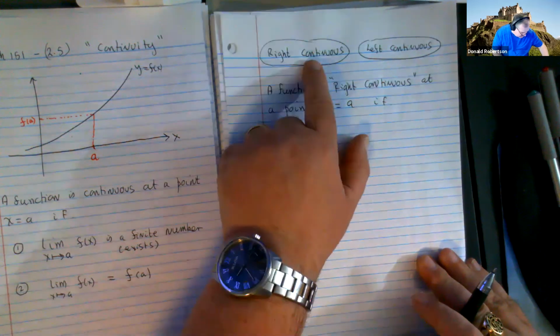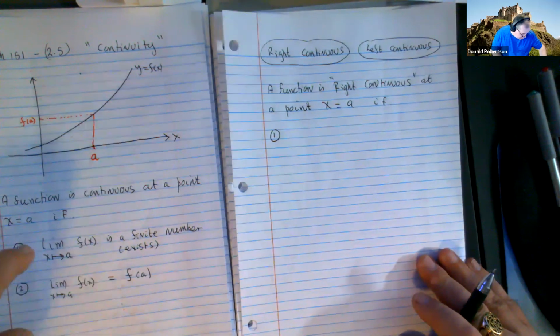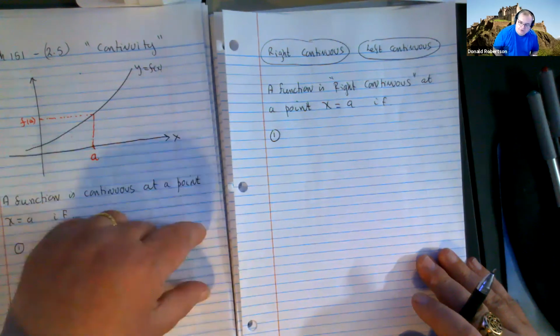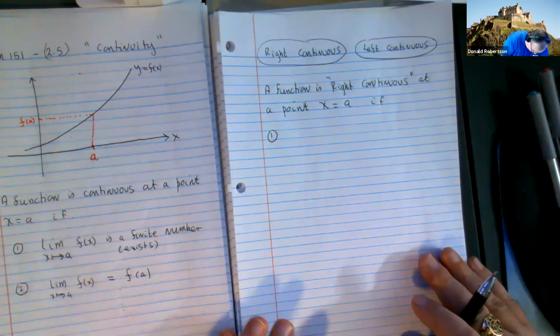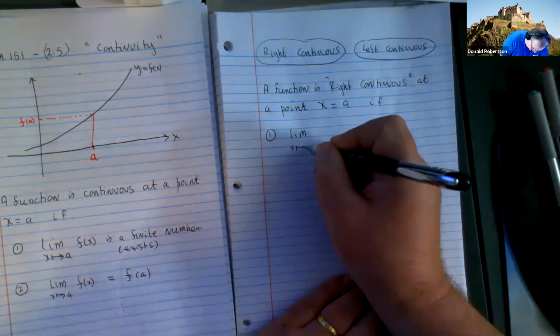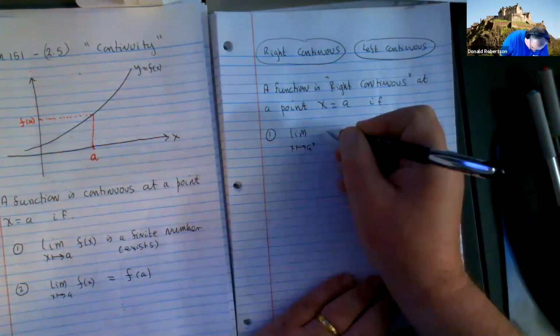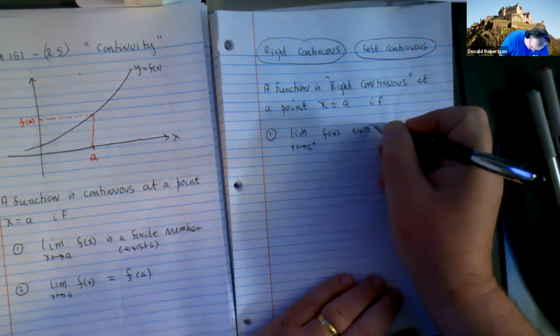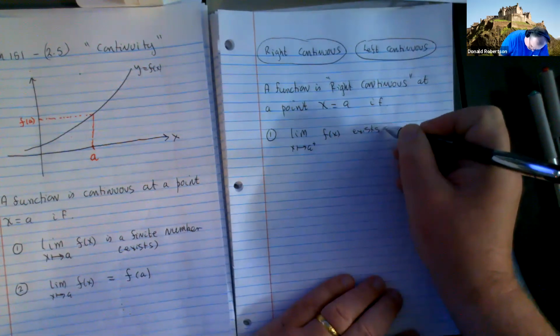A right continuous is a kind of reduced version of this. So a function is right continuous if the limit as x tends to a plus of f of x exists and is a finite number.